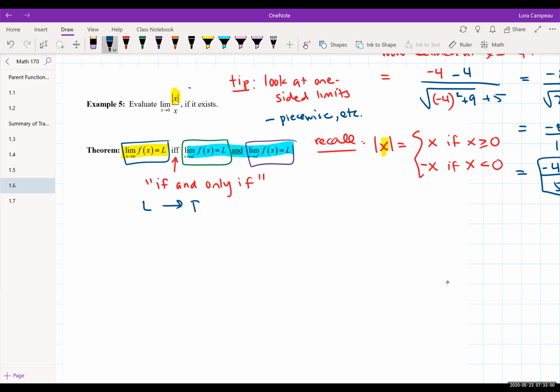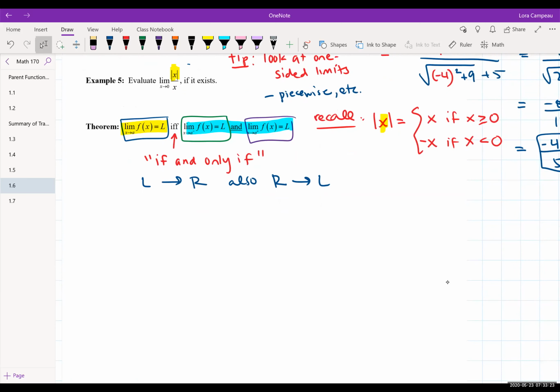So left implies right. And the if and only if part means it goes both ways. So also, if the right side is true, that implies that the left side is true. So a little bit of useful logic, but we'll just apply it how we like as well.